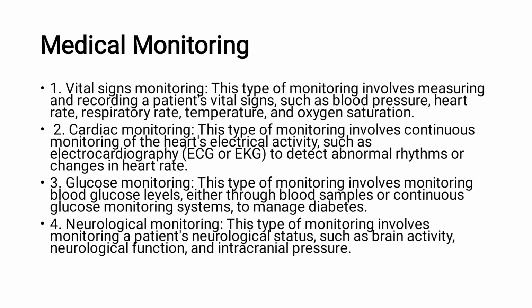Then glucose monitoring, for monitoring the glucose level of a patient either through a blood sample or a continuous glucose monitoring system. Then neurological monitoring. This type of monitoring involves monitoring a patient's neurological status such as brain activity, neurological function and intracranial pressure.